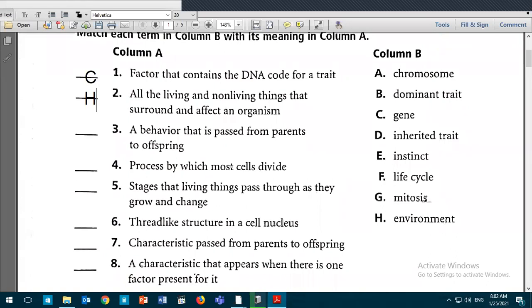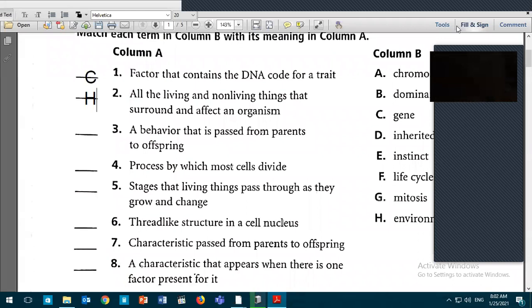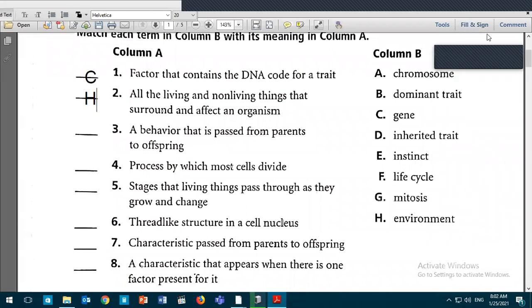Okay, number 3, a behavior that is passed from parents to offspring. What should we call this? Would you like me to read all the options you're having? No. It is inherited trait.